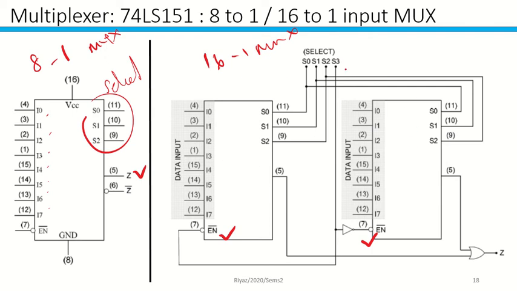So don't forget, you need to activate this using your S3. This will be your MSB, and this will be your LSB. This one goes over here to be used in your enable.